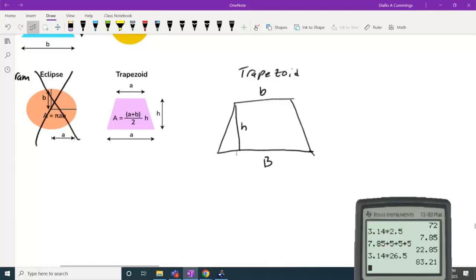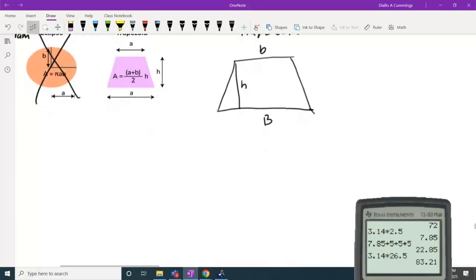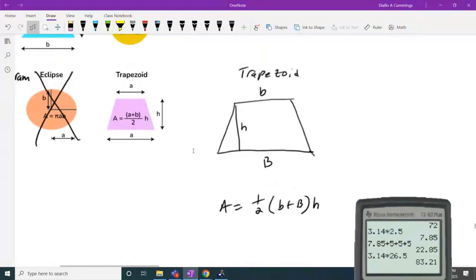The two parallel sides are what are called the bases. The little b is called the little base, and then I have big B, which is the big base. And then you have your height. So in order to find the area of a trapezoid, it should equal 1/2 the little base plus the big base times the height. So what this formula over here is actually missing is a B. All right. So it's 1/2 the little base plus the big base times the height.